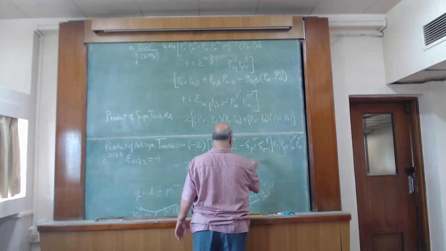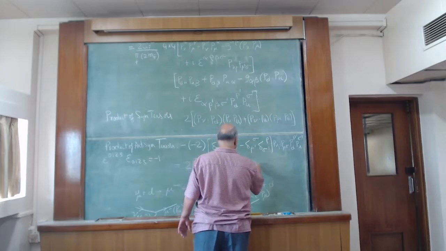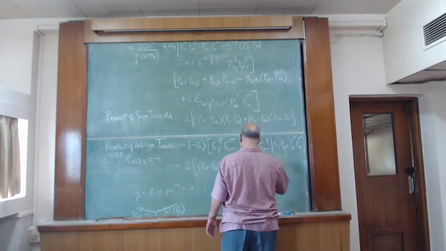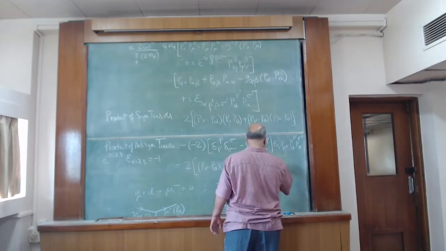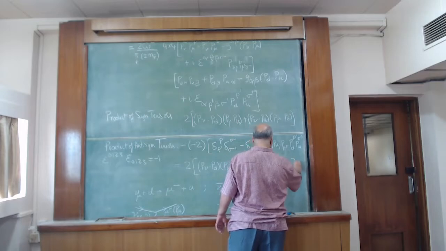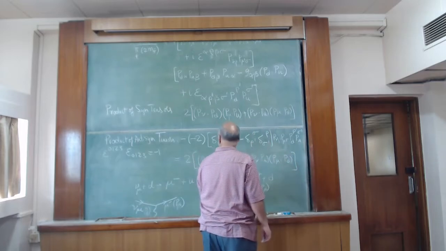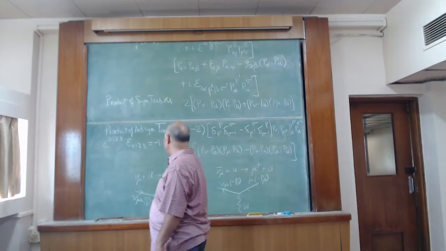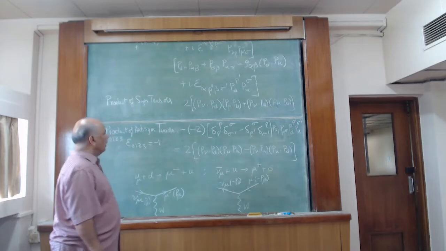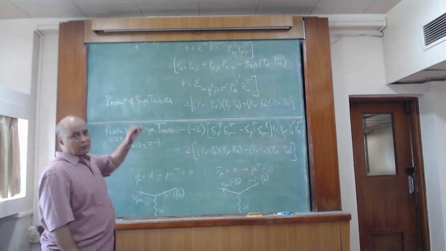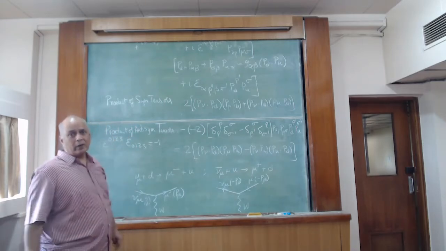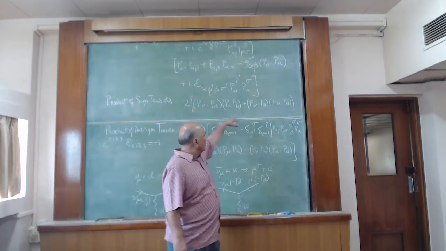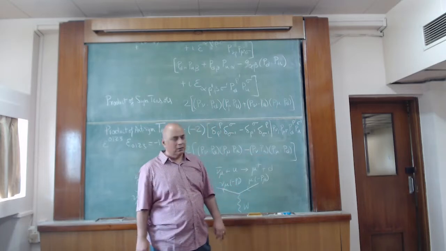Minus, now I interchange, so P nu with PU and P mu with PU. So you see that when I take the sum of the product of symmetric tensors and the product of the antisymmetric tensors, the first two terms add and these two terms cancel.